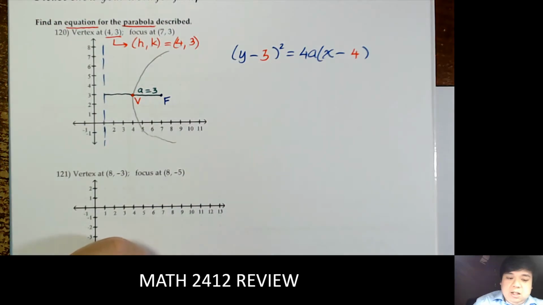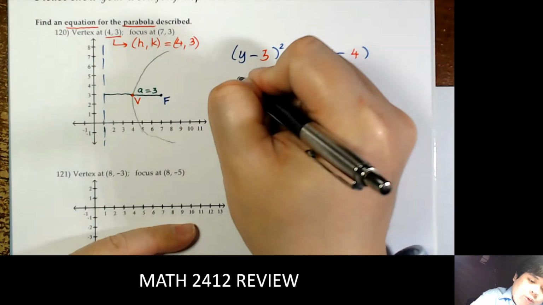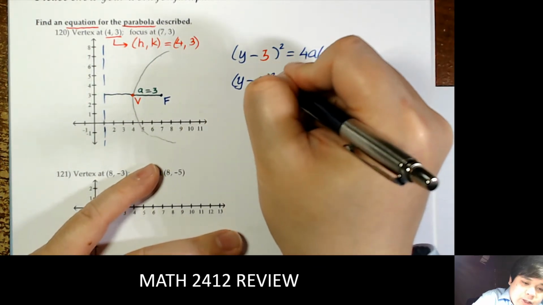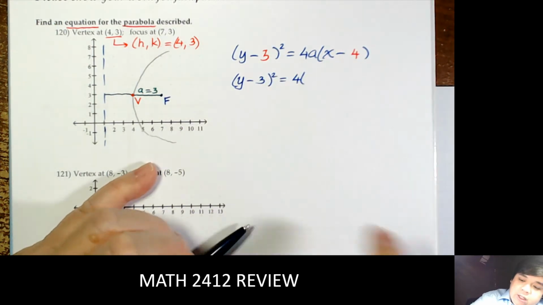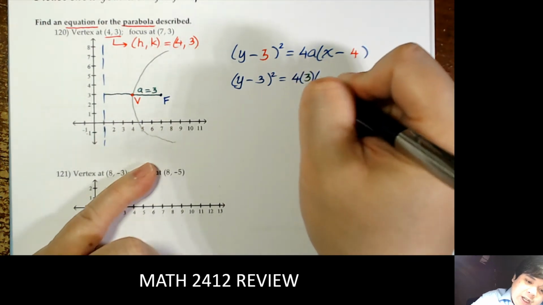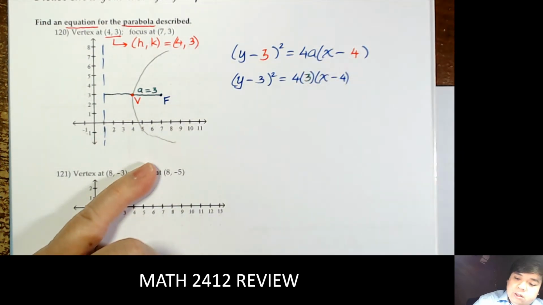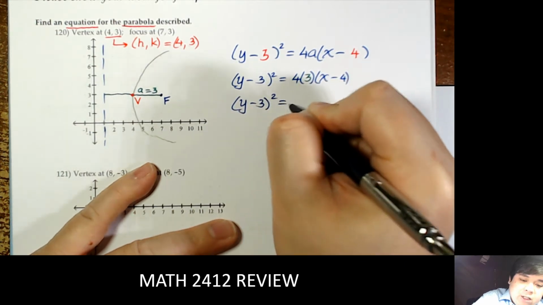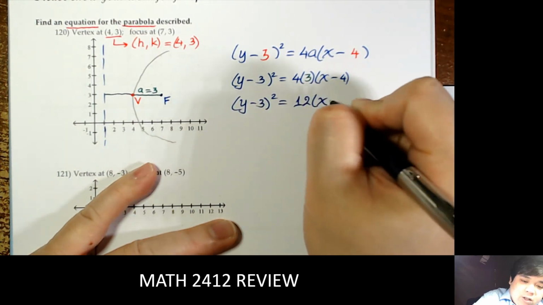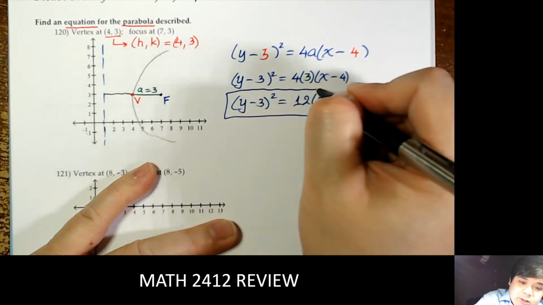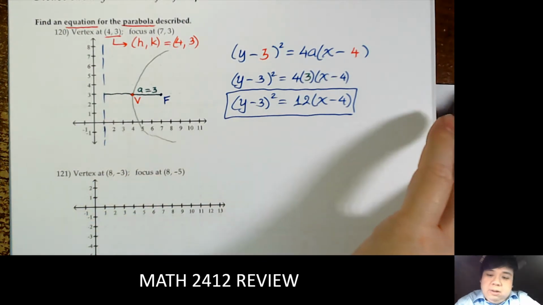In this case a is 3, so we have y minus 3 squared equal to 4 times 3, x minus 4. So we have y minus 3 squared equals 12 times x minus 4. So that's what we have.